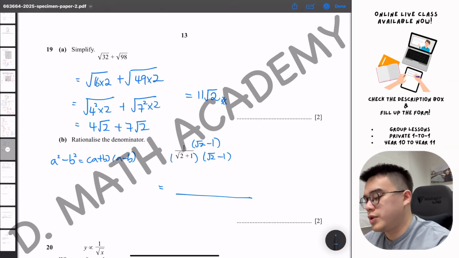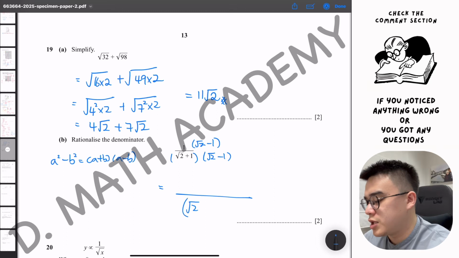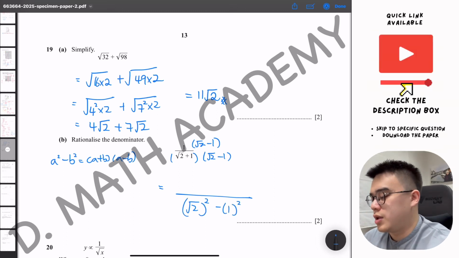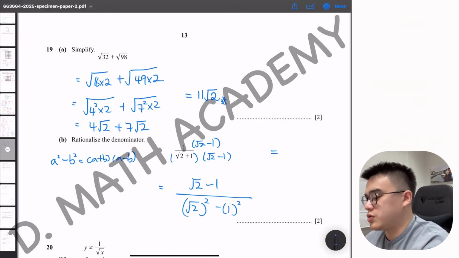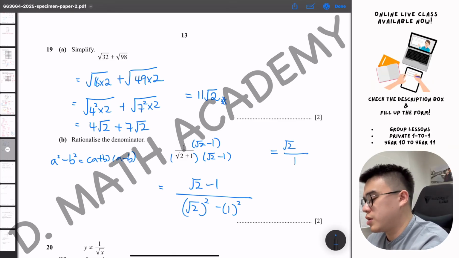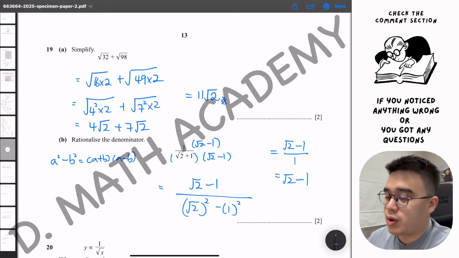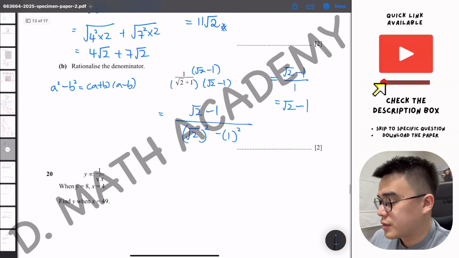What I will normally do for this type of question is update the denominator first. Square root 2 will be squared and 1 will be squared, leaving a square root 2 minus 1 at the top. So this 2 minus 1 is just 1, and that's it. This is the final answer, square root 2 minus 1. This is for question 19b.